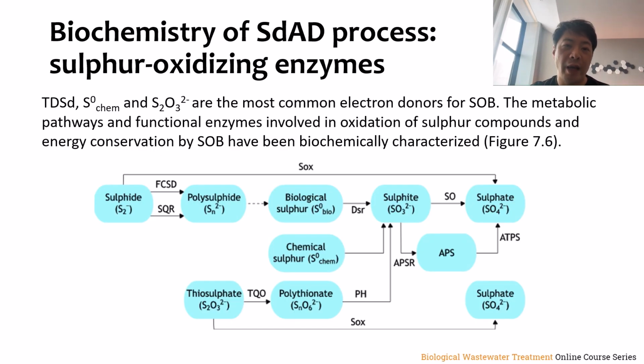Sulfide, elemental sulfur, and thiosulfate are the most common electron donors for SOB, with their metabolic pathways and fundamental enzymes detailed in textbook Figure 7.6.